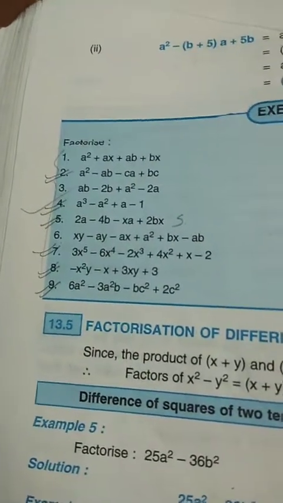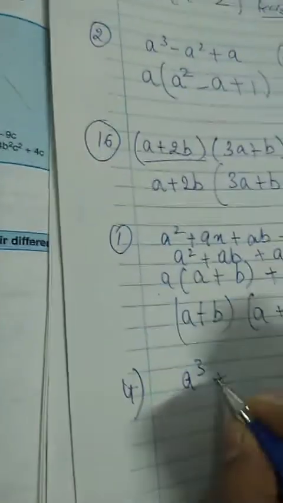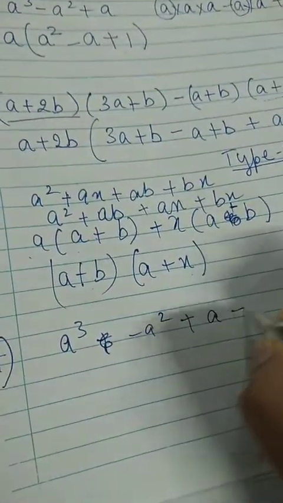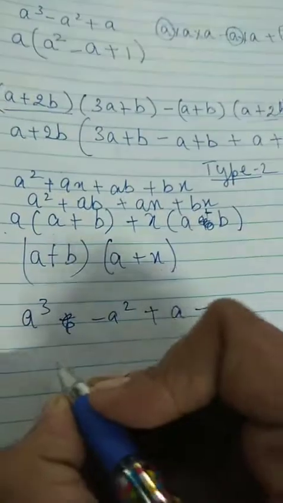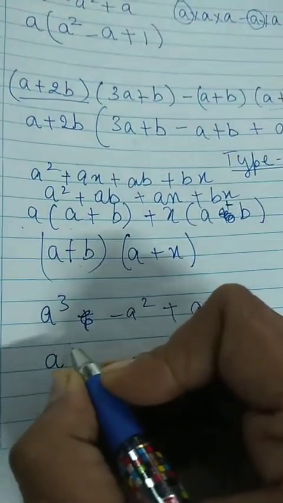We can take another example, question number 4. It is written here as a cube minus a square plus a minus 1. So we can take common out and write it as a square.